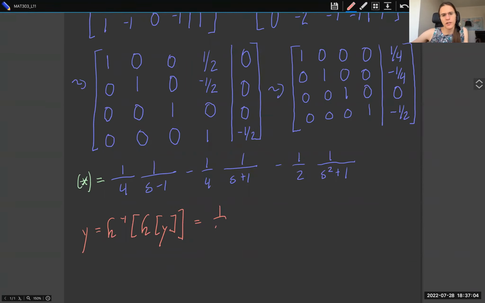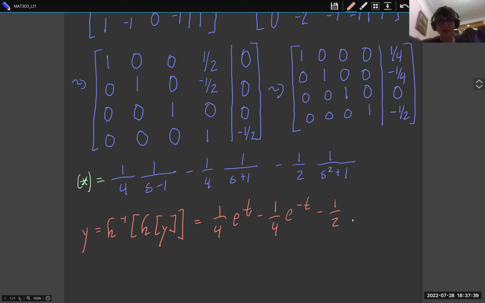So it's 1/4 times e to the t, minus 1/4 e to the minus t, and then minus 1/2 sine of t. Okay, so that solves this particular equation.